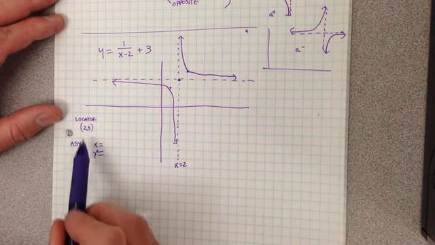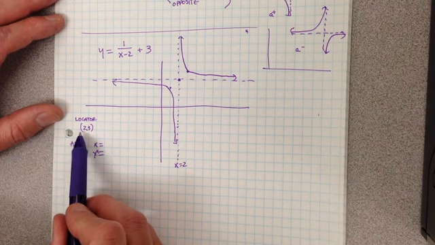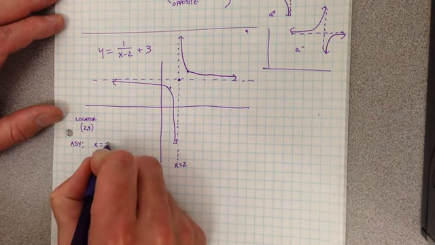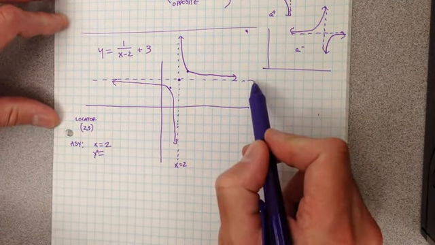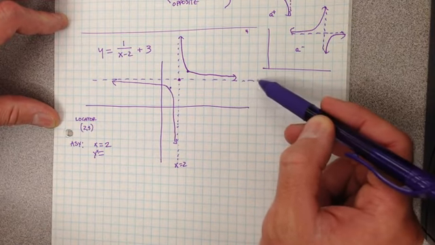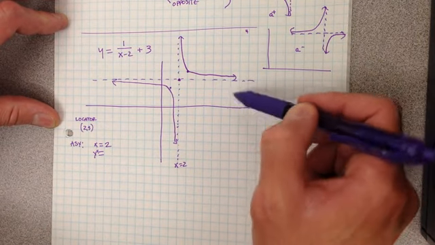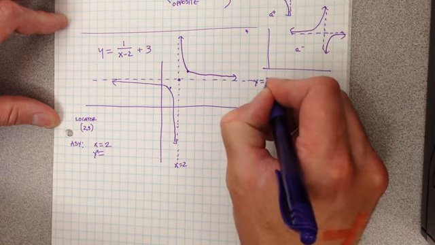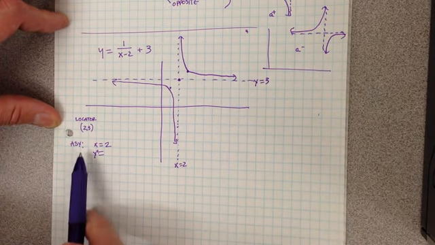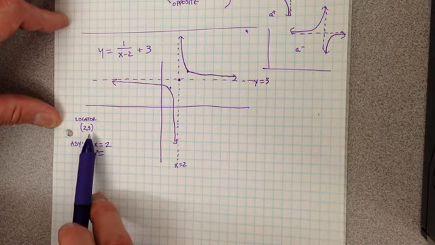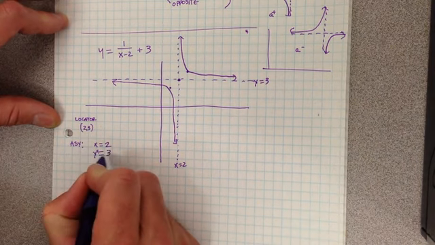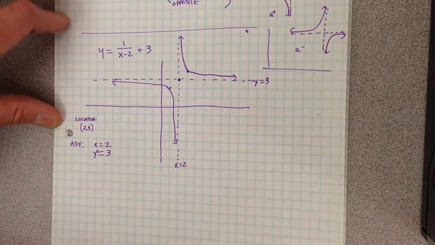As you can see from my locator, x does equal 2. The equation of my horizontal asymptote will be y equals 3. And as you can see from the locator, y does equal 3. Those are the equations of our asymptotes.